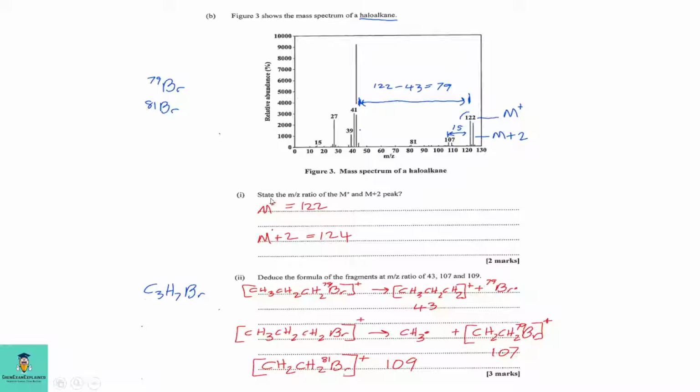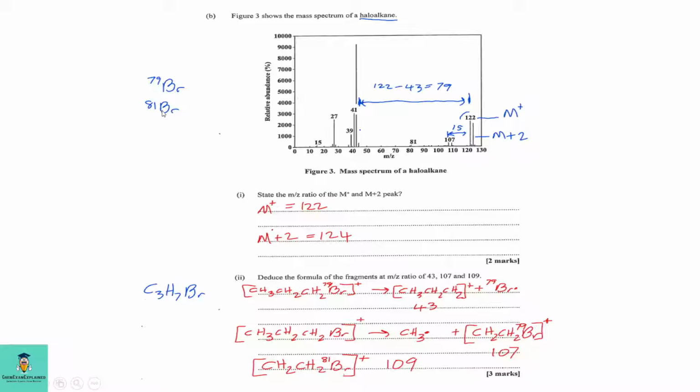Part 1, state the m/z ratio of the M+ and the M+2 peak. In this case, we have two isotopes of bromine that are close in number. So one is at 79 and the other is at 81.